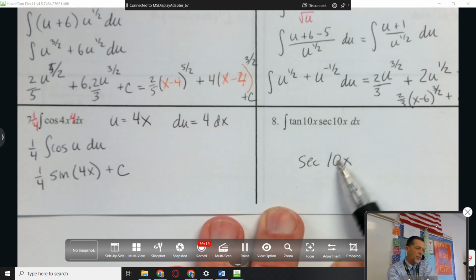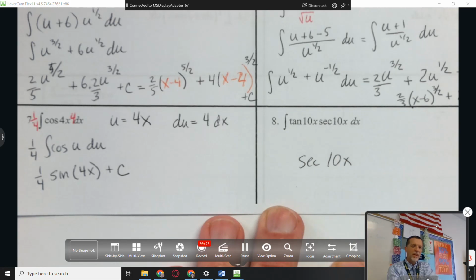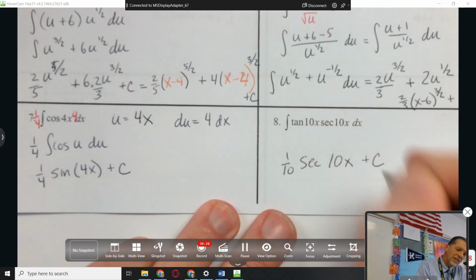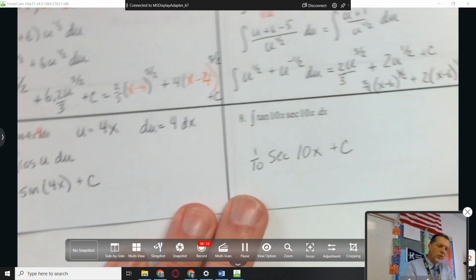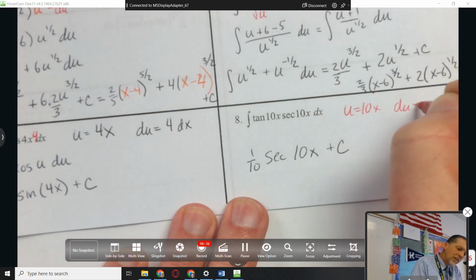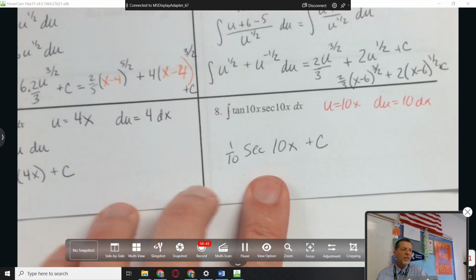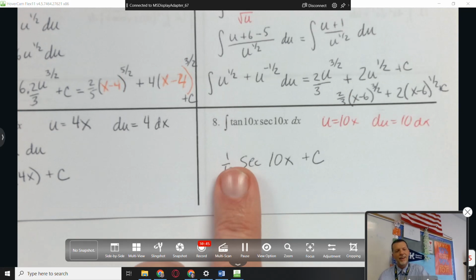But I'm off by 10. So how do I fix my off by 10? I can do a 1/10 on the outside. So technically divide by 10. If it really bugs you, you can do u equals 10x, du equals 10 dx, and go through the process. But if it's only a coefficient, a lot of you will be like, I can kind of figure that out.